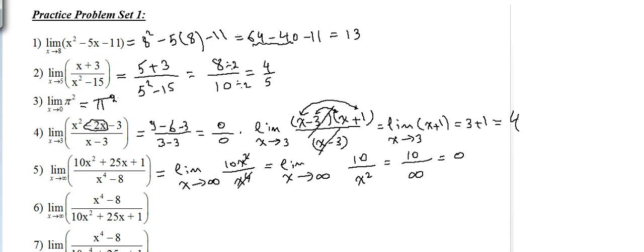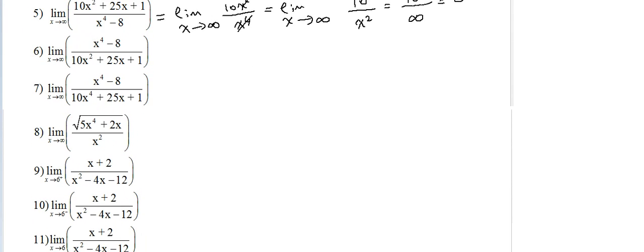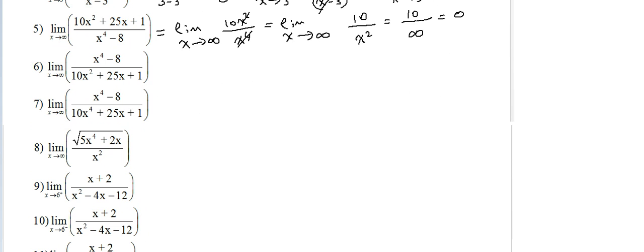Number 6, the same thing, x tends to infinity, but we can notice here in the first one, number 5, the highest exponent up is less than the exponent down. We got 0, and we said that these are the rules. And in the second one, the exponent up is higher than the exponent down.